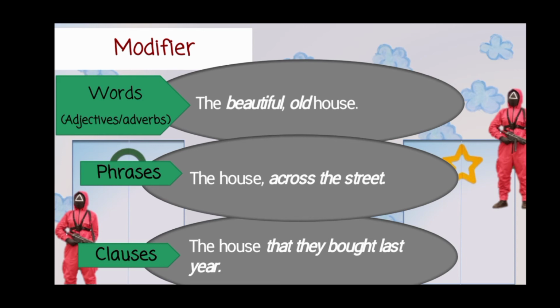For the second is the house across the street. Across the street is a prepositional phrase that modifies the noun house. And the last is the house that they bought last year. That they bought last year is a relative clause that also functions as an adjective here that modifies the house.